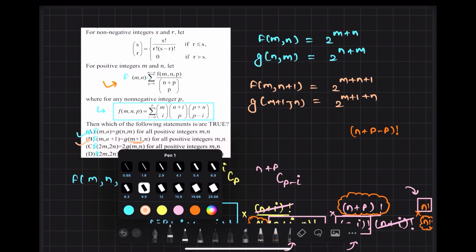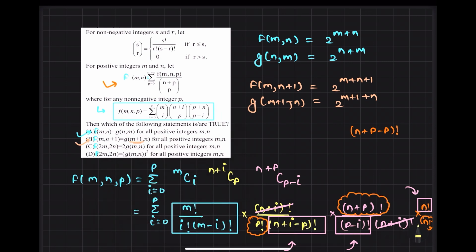Now look at the next part. f(2m, 2n). So in place of m you have to write 2m, and then 2n. So 2m + 2n is equal to 2^(2(m+n)).